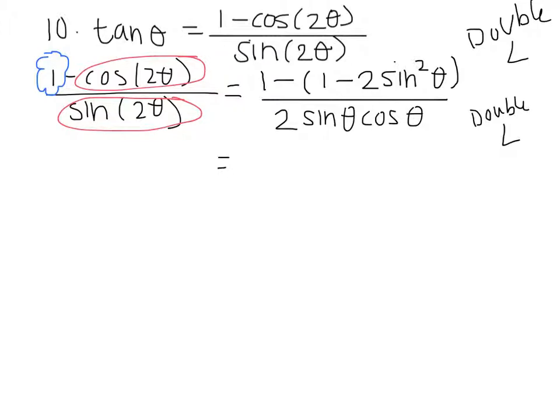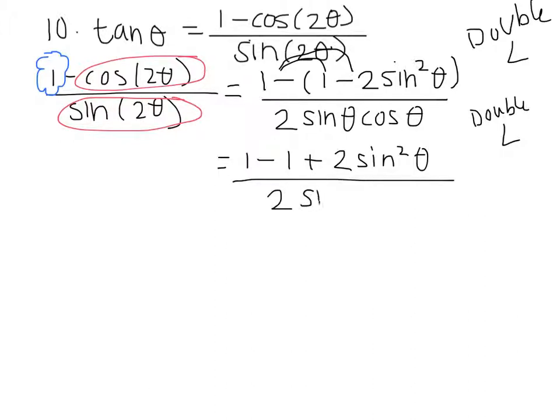Okay, so if I drop the parentheses, I'll have 1 minus 1 plus 2 sine squared theta, because what I did was I distributed this negative sign to both terms. And then on the bottom, I have 2 sine theta cosine theta. So my trick worked.